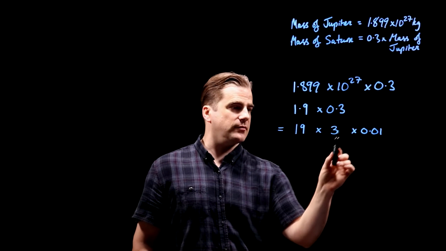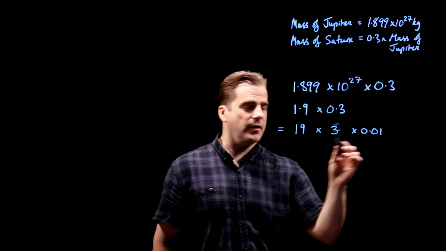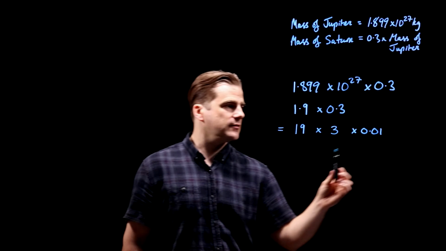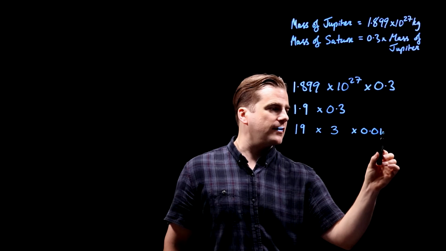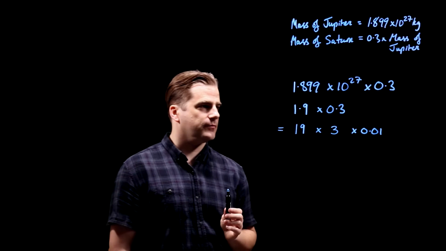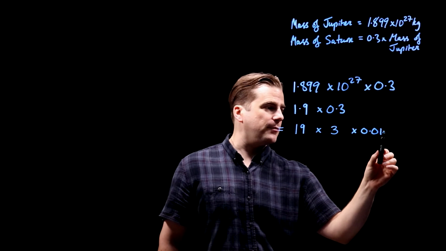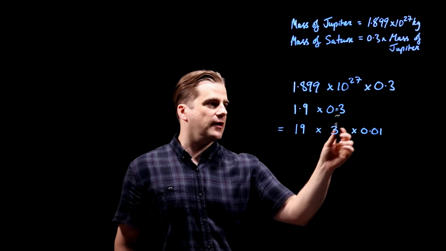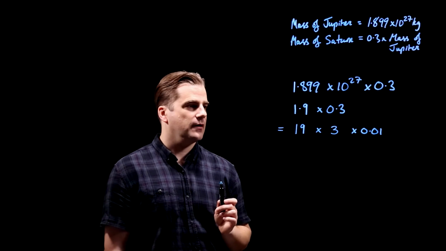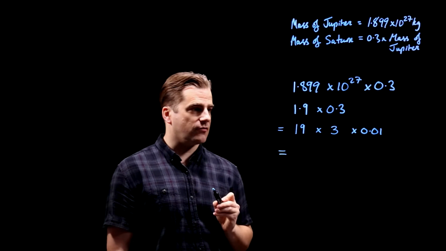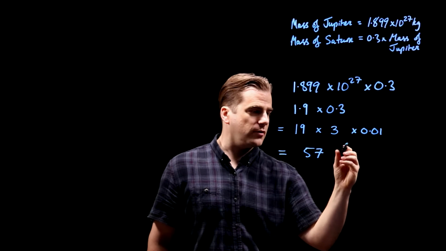So after we've done 19 times 3, we have to move them back 2 positions, which is the same as multiplying by 0.01, because the decimal is moved back 1, 2. So we move the decimal 1, 2 to go from there to there. So we're moving it back 1, 2. And now that is exactly the same as that. So let's do 19 times 3. Well, that's 57. Okay? Times 0.01.